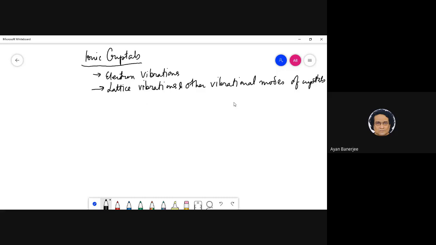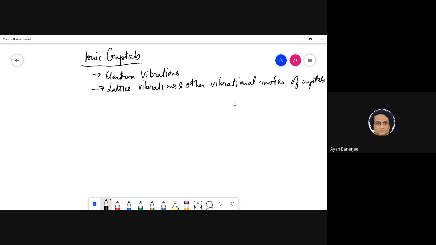These are all separated out in frequency, and what we generally assume is that you have different regimes. We typically say that in the low frequency regime we have the effect of the electrons.